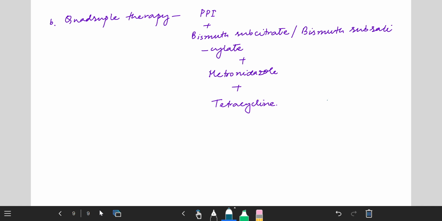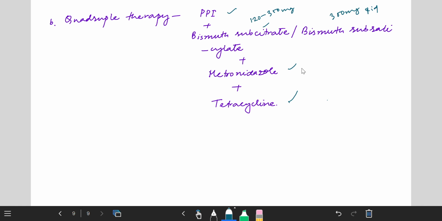Quadruple therapy means 4 medicines are used, like 1, 2, 3, 4. PPI, such as lansoprazole, esomeprazole, pantoprazole, omeprazole. Bismuth subcitrate dose should be 120 to 300 mg. Okay, bismuth subsalicylate, the dose will be 300 mg. Both are QID.